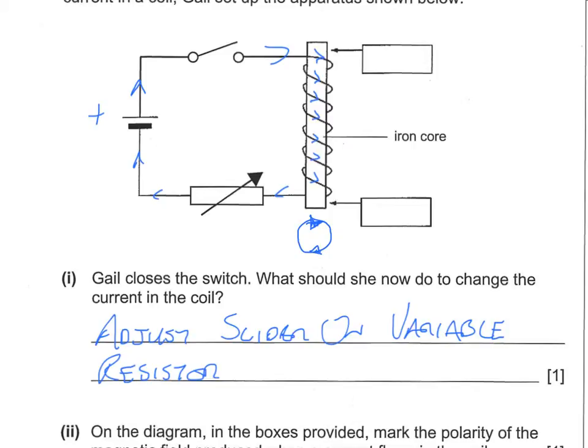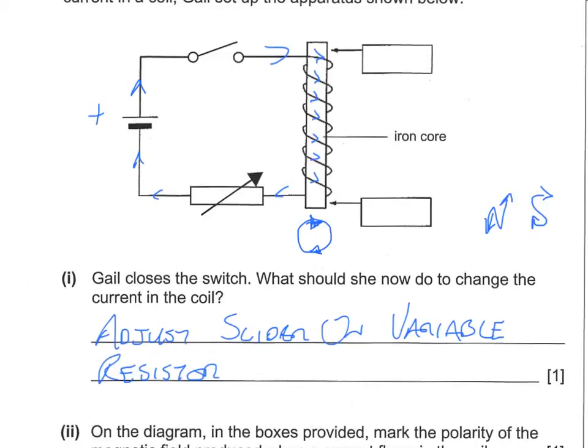Now, to identify the poles, you just take the letters belonging to them and add arrows to them. If you can see anti-clockwise current flow, then you're looking at the North Pole. If you can see clockwise current flow like this one, you're looking at the South Pole.